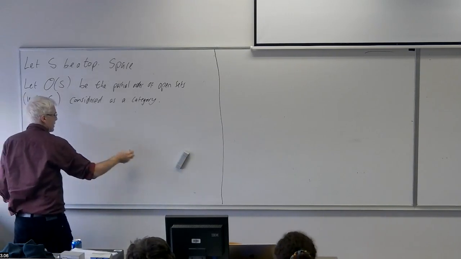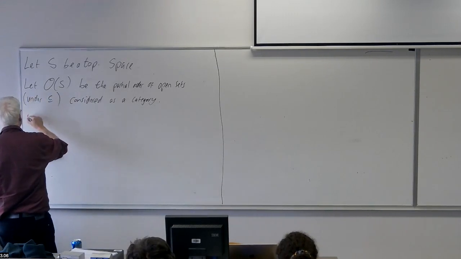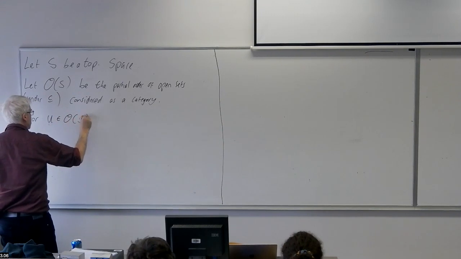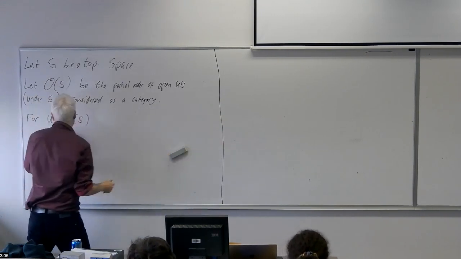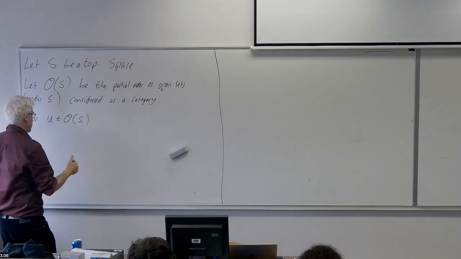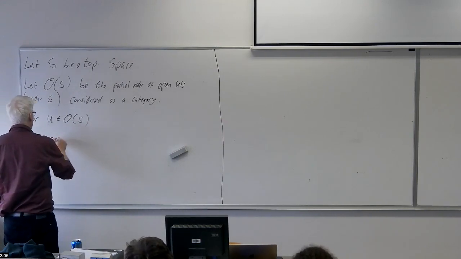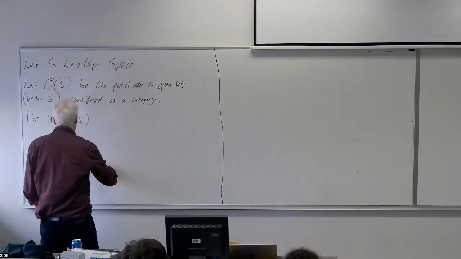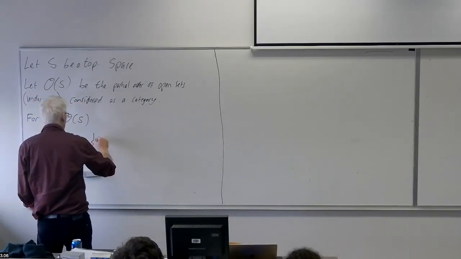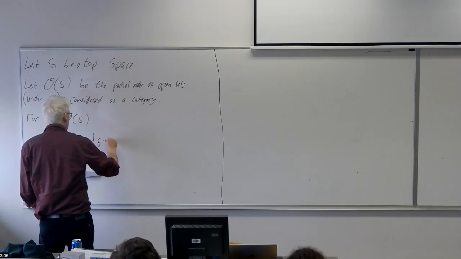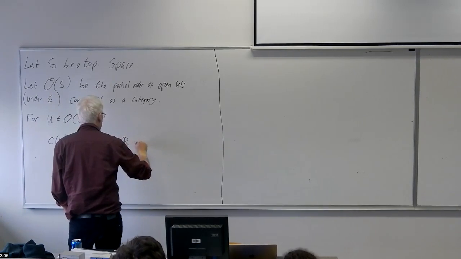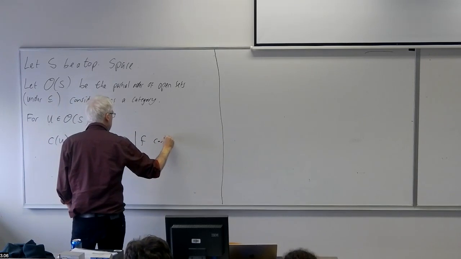For an open set, which we can write as U, one of the open sets of the topological space S, I'm simply going to define C(U) to be the collection of continuous functions f from U to the reals.